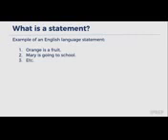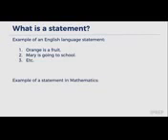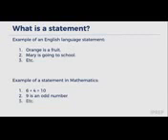In mathematics too, we can make statements. For example, I can say 6 plus 4 is equal to 10. Is this true or not? This is indeed true because when we add 6 to 4, we will get 10. We can also say 9 is an odd number, and much more. These are examples of statements we can make in mathematics based on facts.